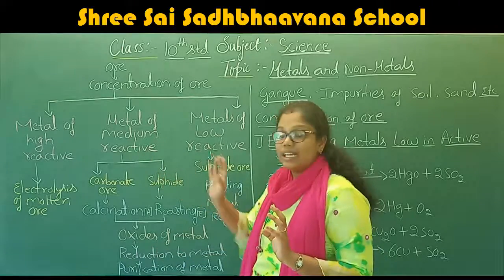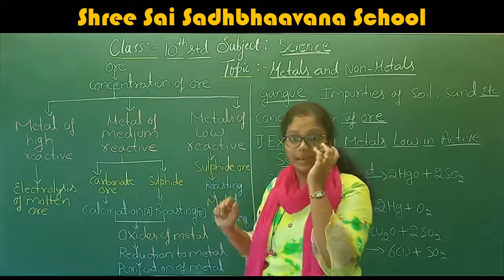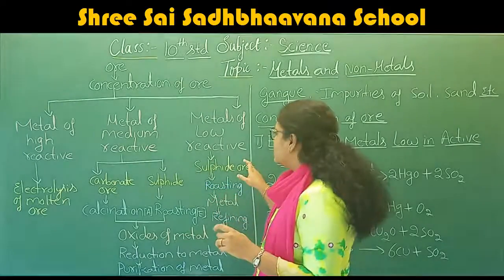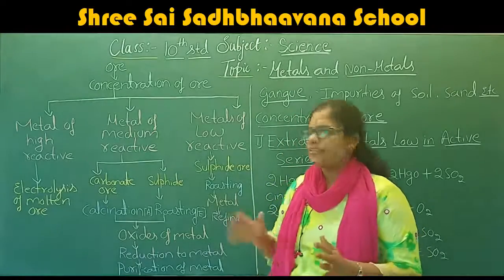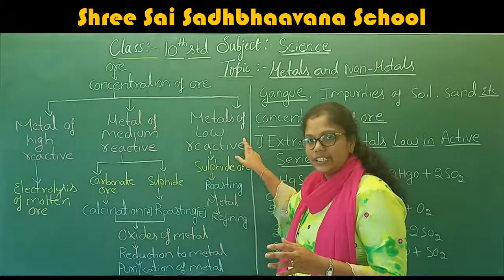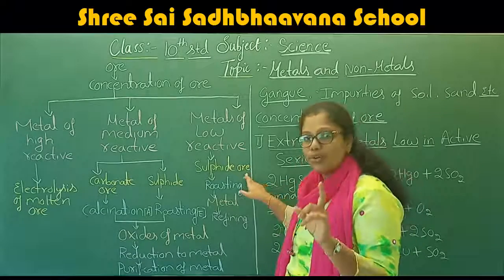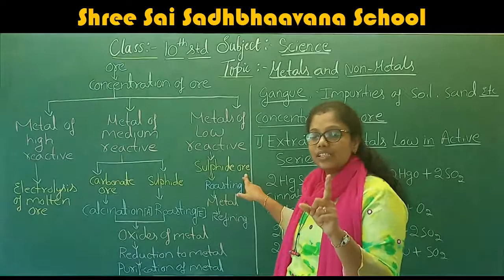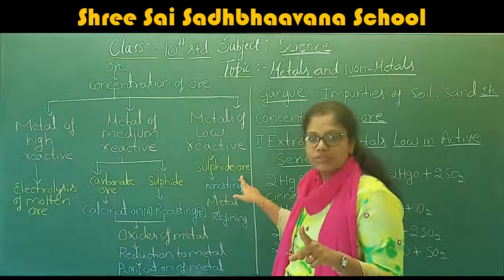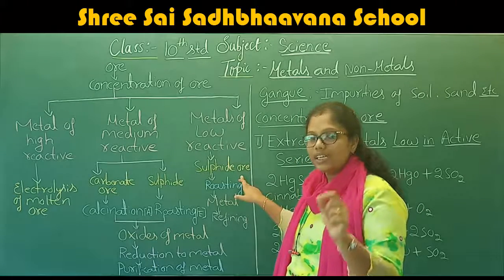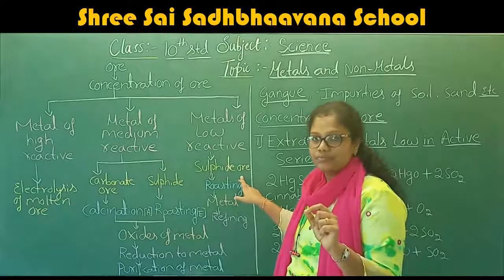The first is the metal of high reactivity. The second one is the metal of medium reactivity. And the third one is the metal of low reactivity. The metal of low reactivity has only sulfide ores. That means metal with sulfur, that we call sulfide ore.